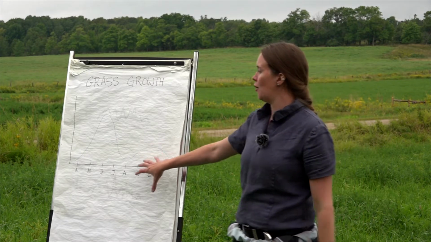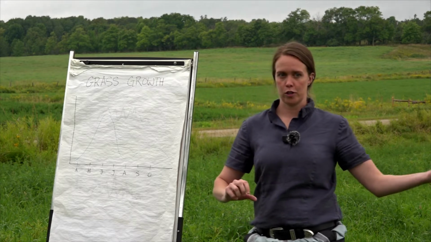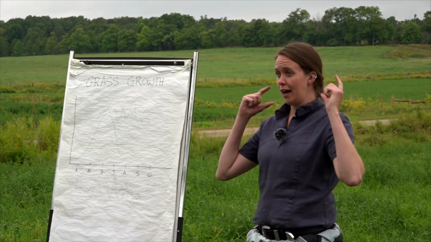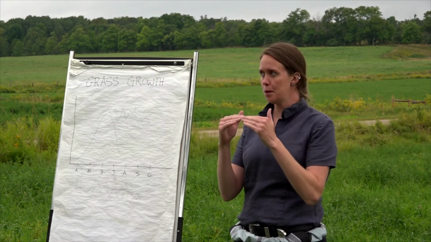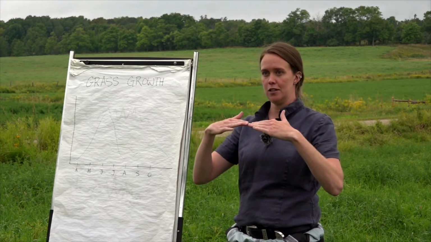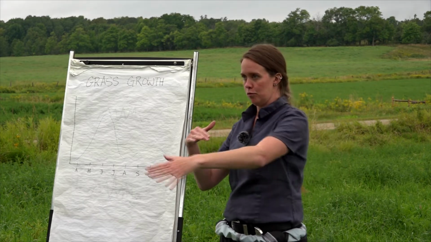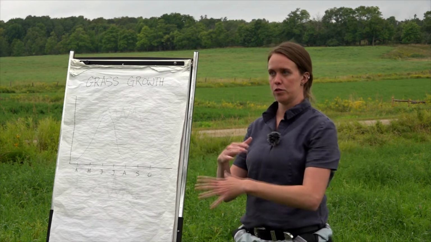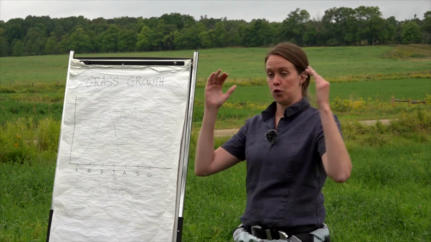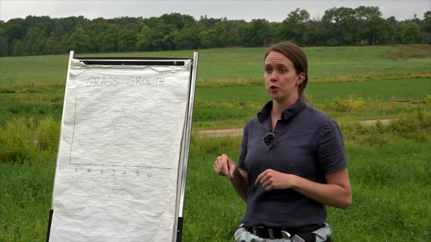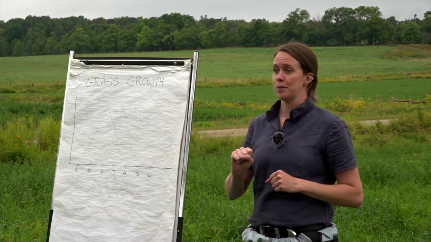So if we know how fast grass is growing, and we know how much our livestock need to eat, we can actually do some math and work out what's the minimum rate of grass growth I need to know that it's gonna be regrown again by the time I get back around my rotation, okay? And then if the grass growth rate drops below that, as a manager, you can go, okay, I gotta do something different.